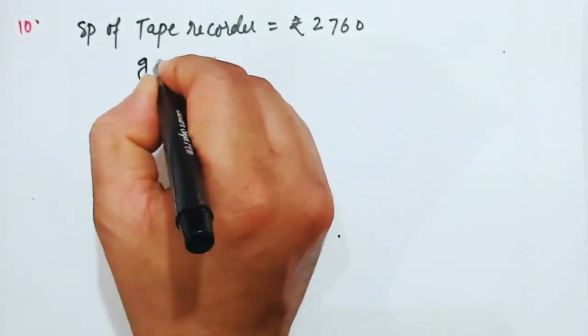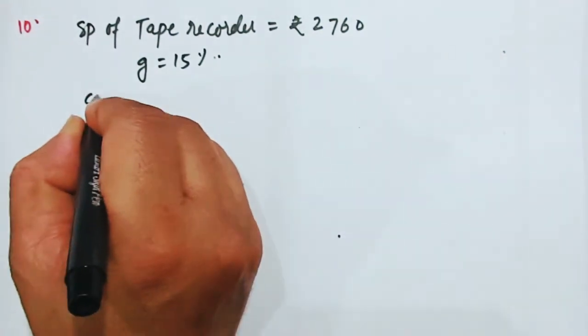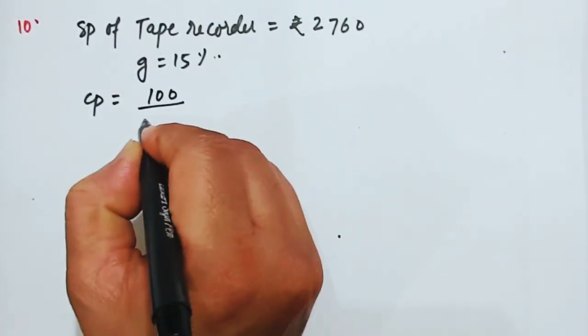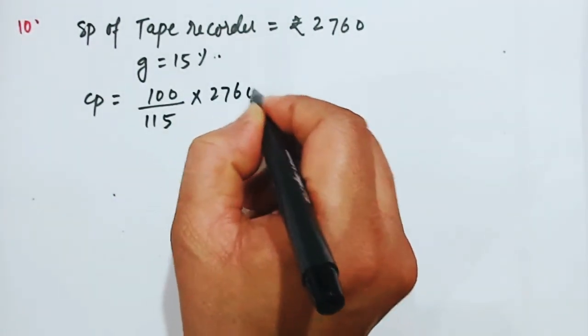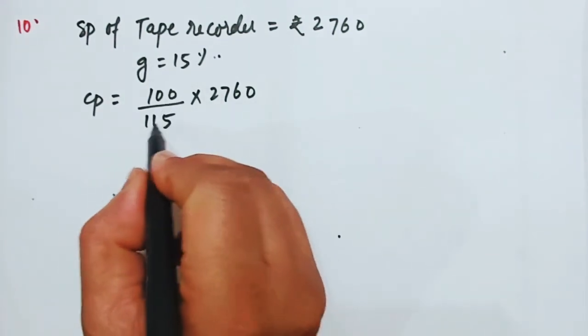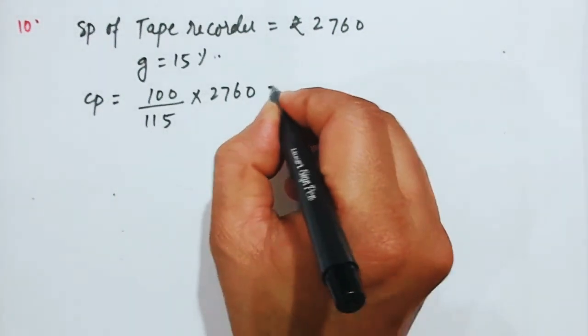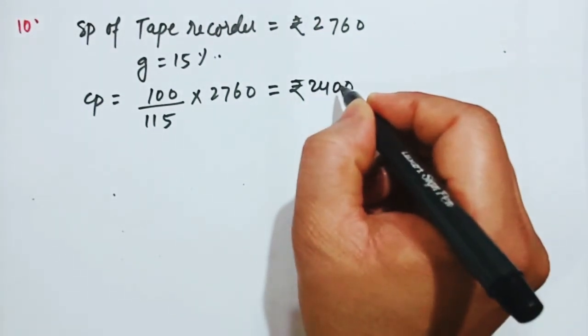So at a gain of 15%, can't you find the cost price? So cost price will be equal to 100 by 115 into 2760. That is 100 by 100 plus gain percent into selling price, which will give you rupees 2400.